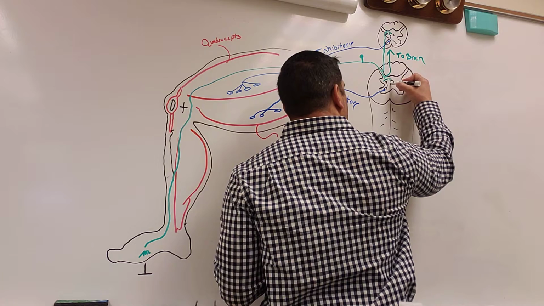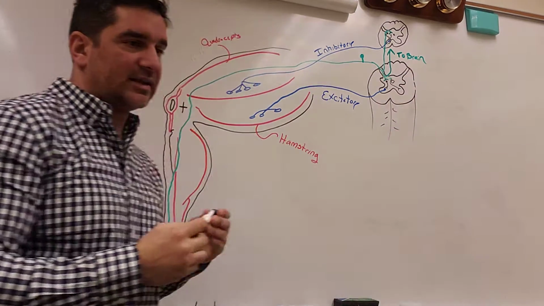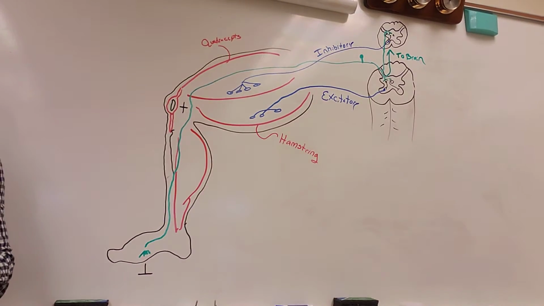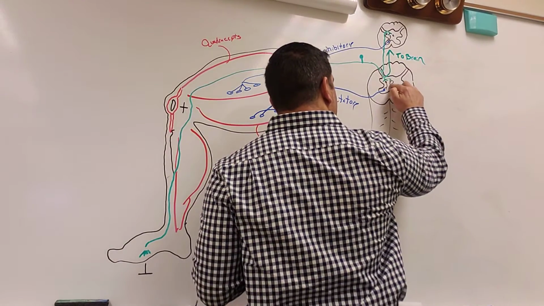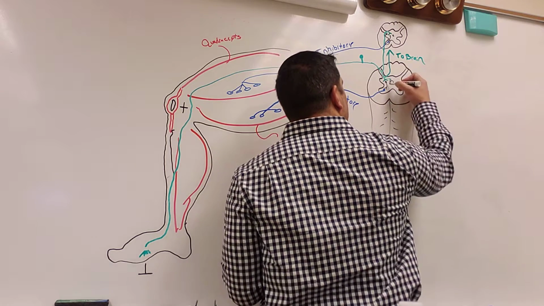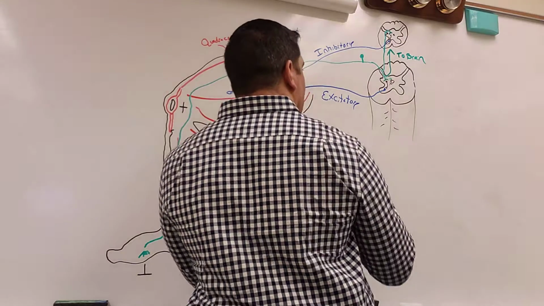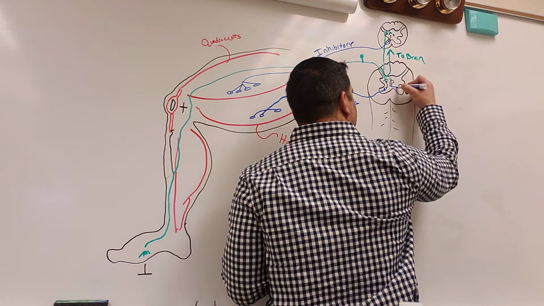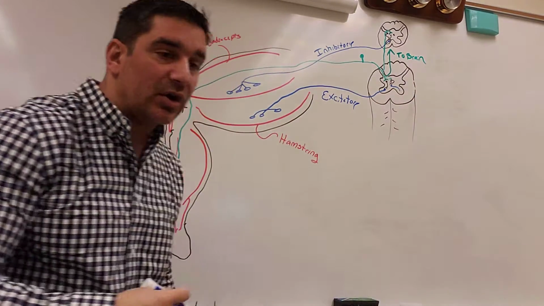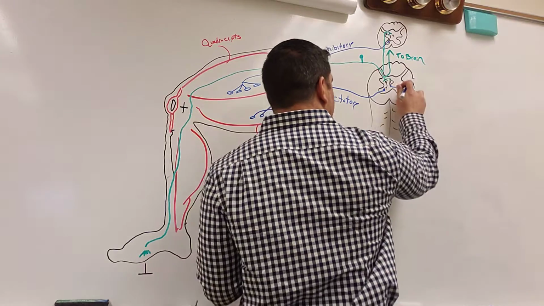This one's going to go across to the other side of the body, like that. And then it's going to synapse, actually it's going to synapse on the same side and then jump across. So it's going to synapse with an alpha motor neuron also. And that alpha motor neuron is going to exit, just like motor neurons do. Actually, it goes across like this.